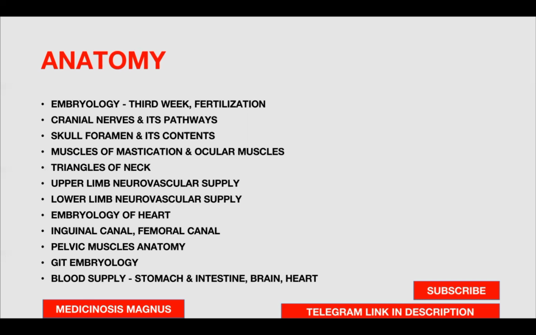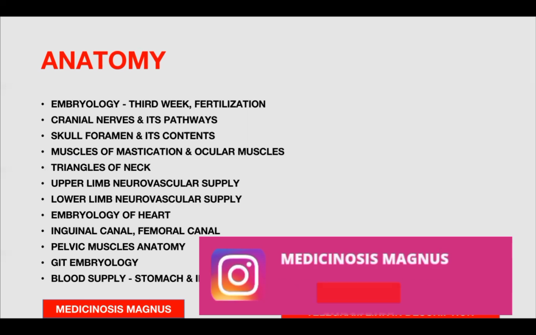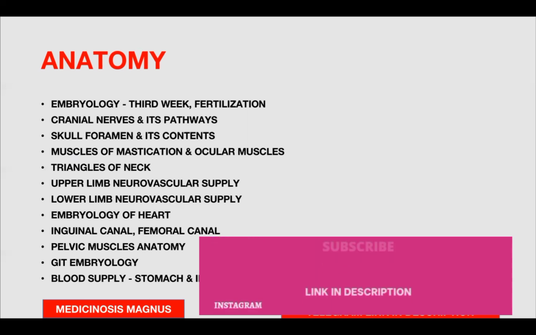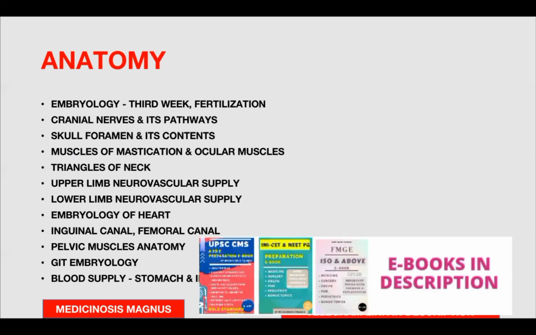The same for the lower limbs also, neurovascular supply, especially the foot drop, wrist drop, those kinds of things. And embryology of heart is very important. Inguinal canal, femoral canal anatomy, pelvic muscles anatomy, GIT embryology, blood supply of especially the stomach, intestine, brain and heart. So make sure you know the circle of Willis very well.